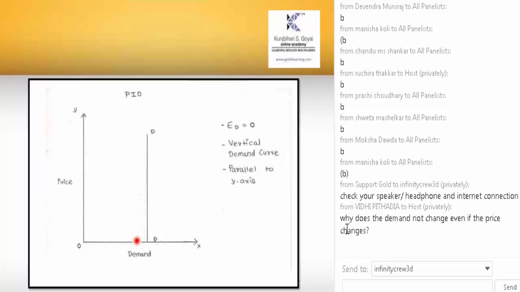That's it. This means demand is not responding at all to the change in price. Hence we have written here that elasticity of demand is 0. And here the demand curve is a vertical straight line which is parallel to the y-axis.